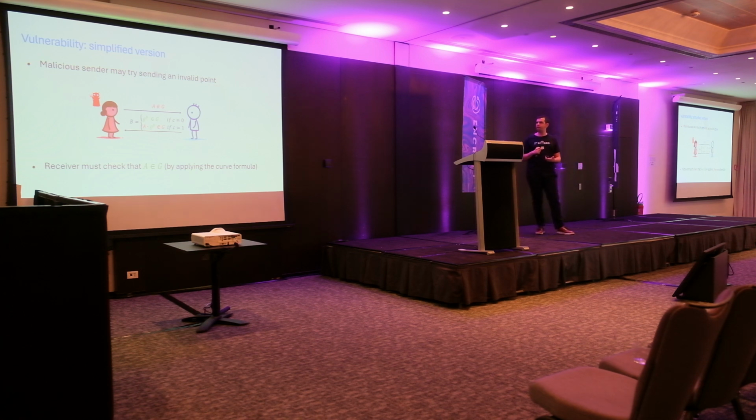Now, if Bob doesn't check the validity of the point, then what will happen next is that Bob, according to his choice bit, either sends G to the B as a valid group element, or A times G to the B, which now is an operation on an invalid point by Alice, so the result will be an invalid point. So we see that in this case, Alice is able to leak Bob's choice by simply checking if the response that she gets is a valid or an invalid point.